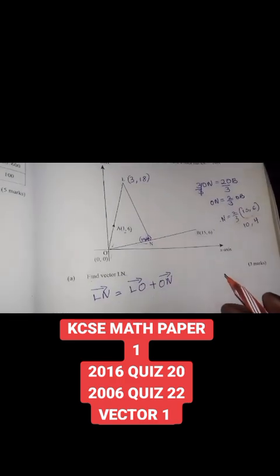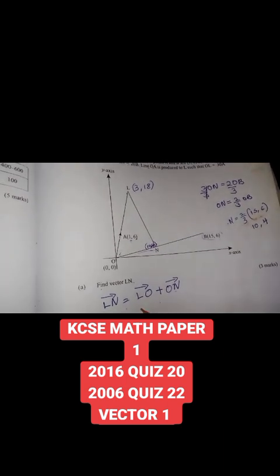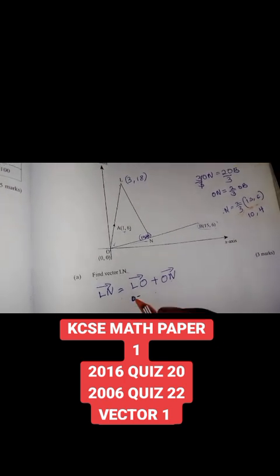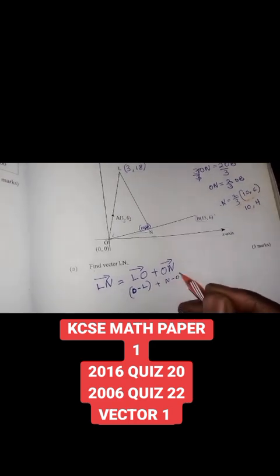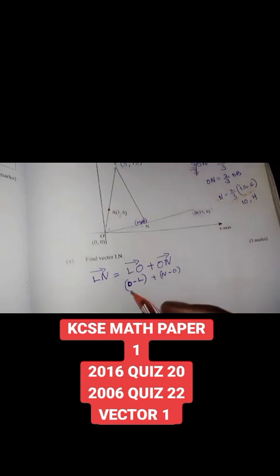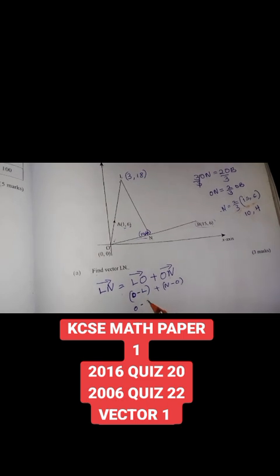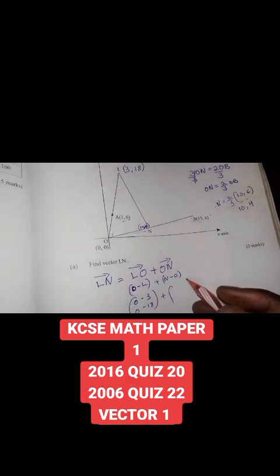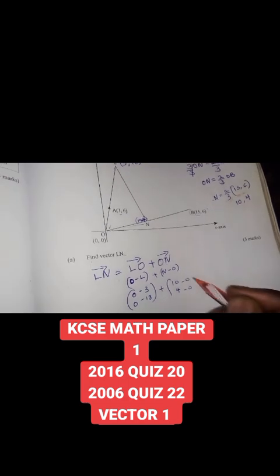So to come back to my equation, I'll say LN is equal to LO, which is O minus L, plus N minus O. Therefore, O is (0, 0) minus L, which is (3, 18). This one I'm supposed to add to N, which is (10, 4) minus (0, 0).